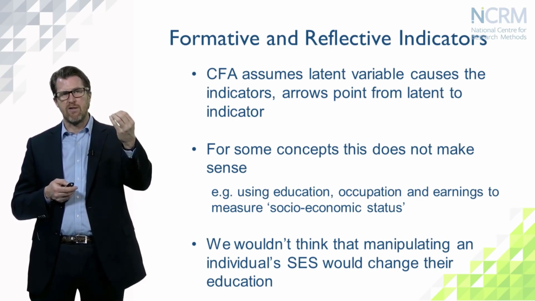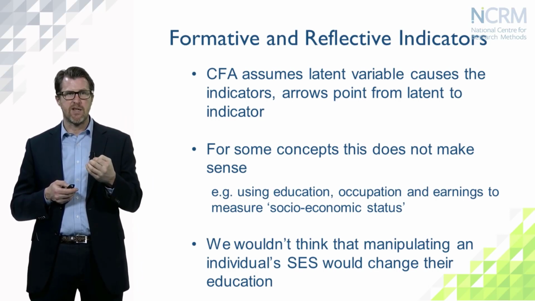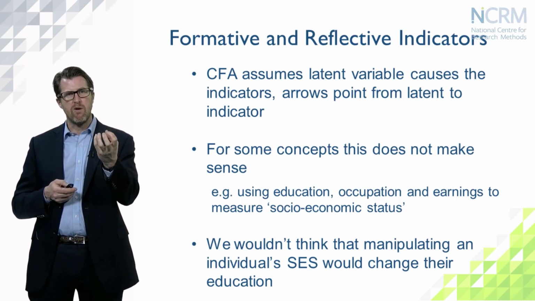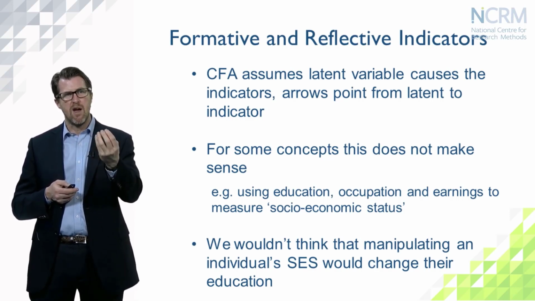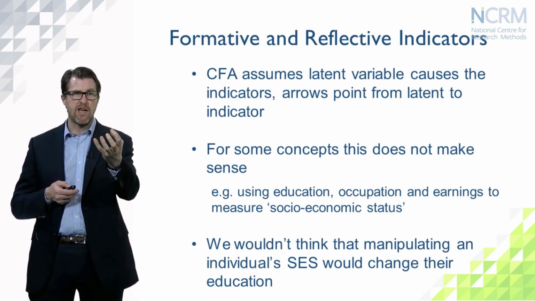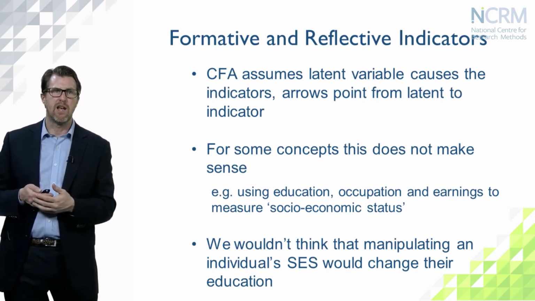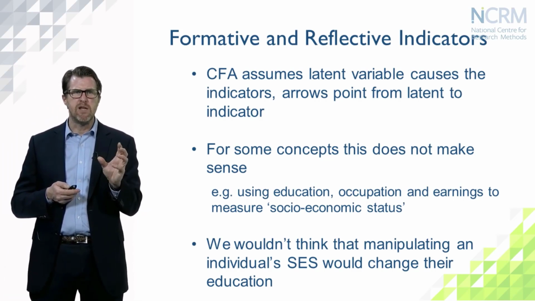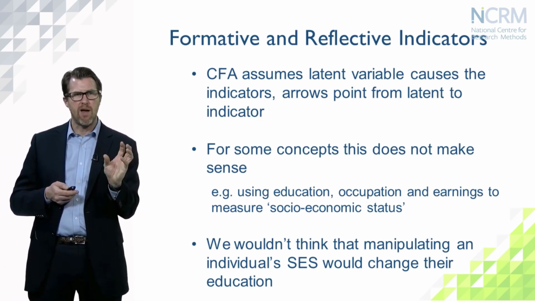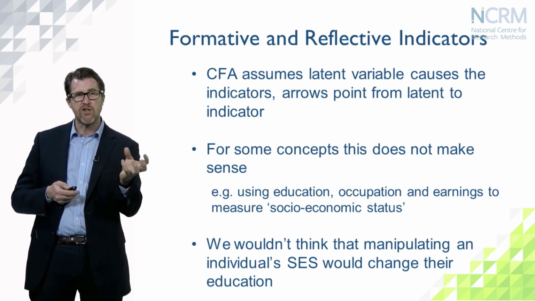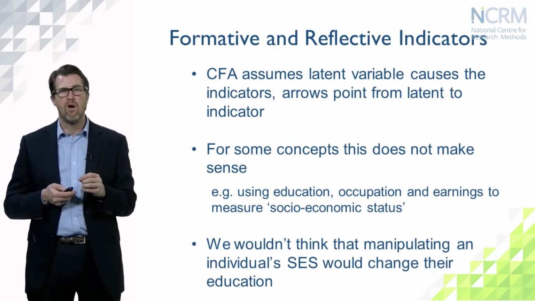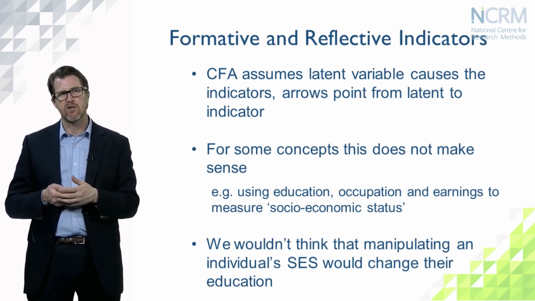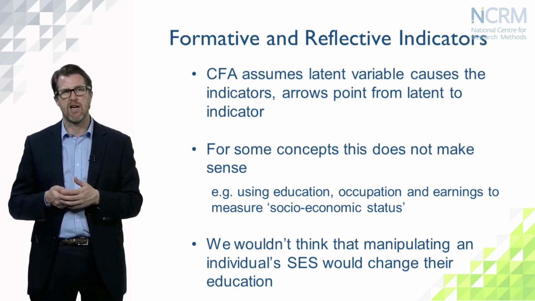Someone's level of education influences their socioeconomic status, as do their earnings. So now we're in a situation where the causality makes more sense to flow from the indicator to the latent variable. The key point here is whether, if we could somehow change someone's score on the latent variable, it would make sense to change the score on the observed indicator.